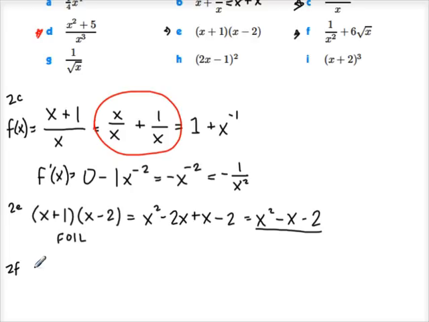So with f we have, here's my f of x, we have 1 over x squared plus 6 times the square root of x. So here's another useful exponent fact for you. When you have any type of root, whether it's a square root, a cube root, a fourth root, whatever it is, you can take that root and turn its exponent into a fraction because that's really what it's saying.